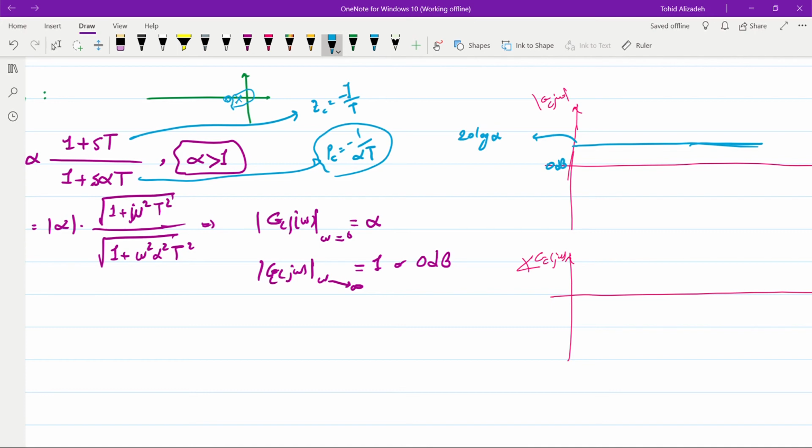In terms of the amplitude, this will be what we are going to face. So at the frequency of 1 over alpha T, we will have a corner frequency, 0 till that point, and after that we will have a negative slope. Since it's a pole, we will have -20 dB per decade.